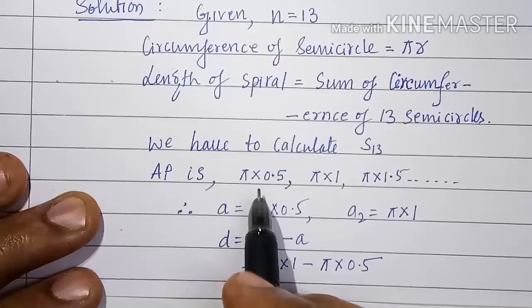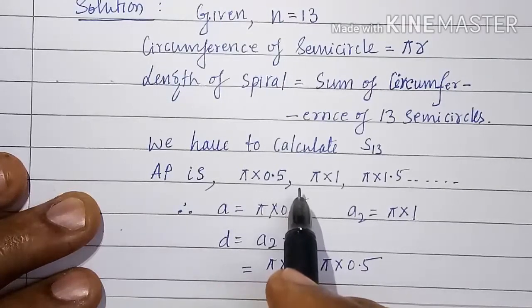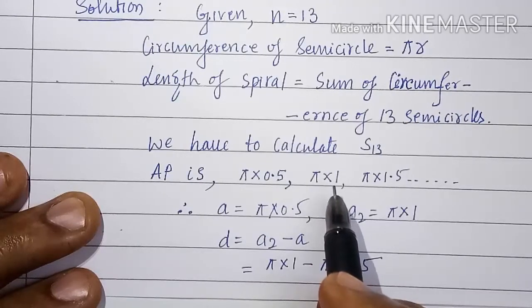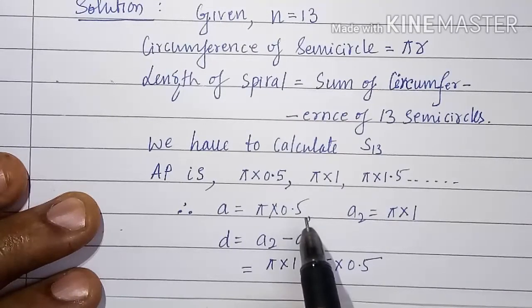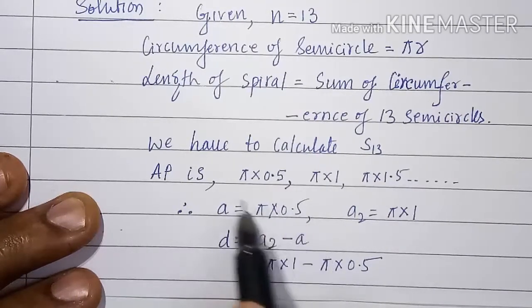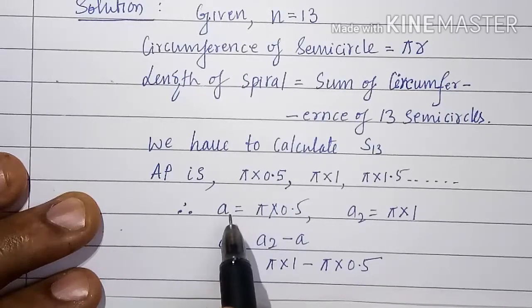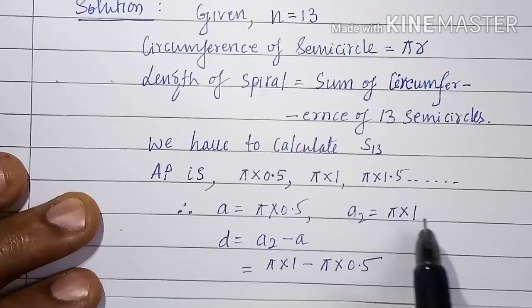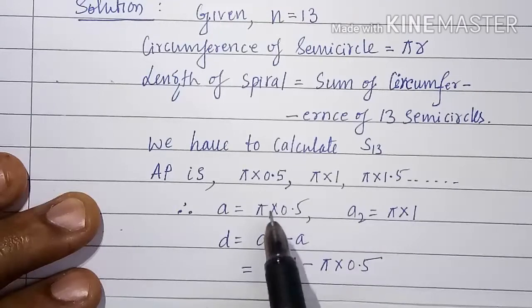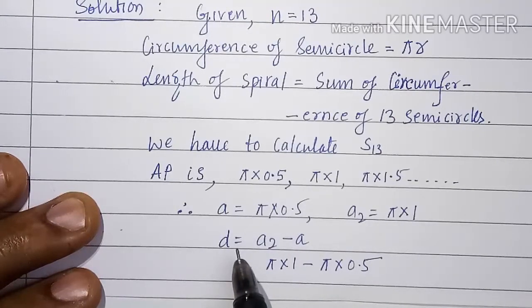So first semicircle's circumference is pi into 0.5. Next semicircle's circumference is pi into 1, and so on up to 13 semicircles. So now the first term a is equal to pi into 0.5. Second term a2 is equal to pi into 1. If we know a2 and a, we can calculate common difference d. d is a2 minus a. That is pi into 1 minus pi into 0.5, which will become equal to 0.5 pi.